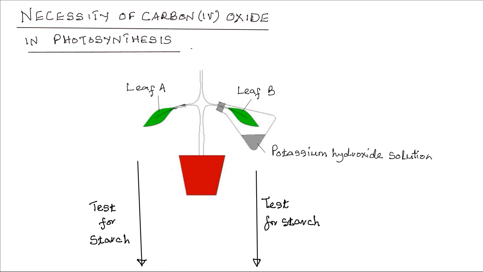Then it is exposed to sunlight for a period of 2 to 3 hours. After exposure to sunlight, the leaves are detached and tested for the presence of starch.